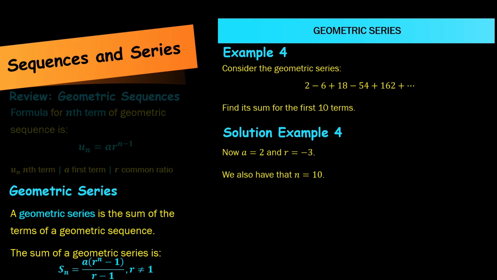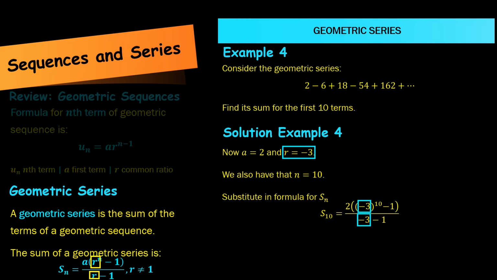We also have that the value of n is equal to 10, because we're considering the first 10 terms. And so we can substitute these values into the formula for s subscript n to give us the sum of the first 10 terms. So here's a equals 2, here's r equals minus 3, and here's n equals 10.